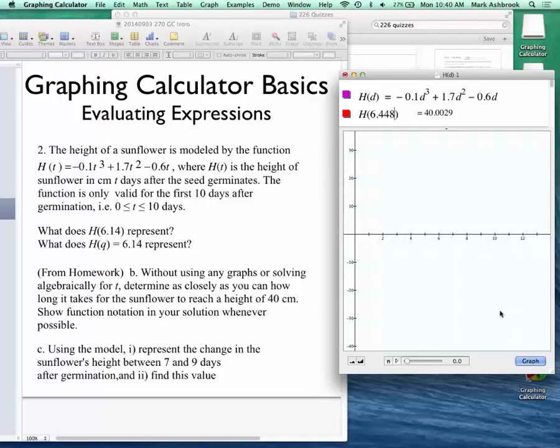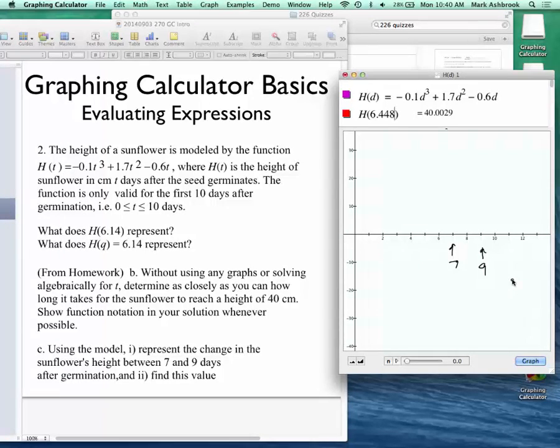Suppose I'm starting at 7 days, and we're ending at 9 days.